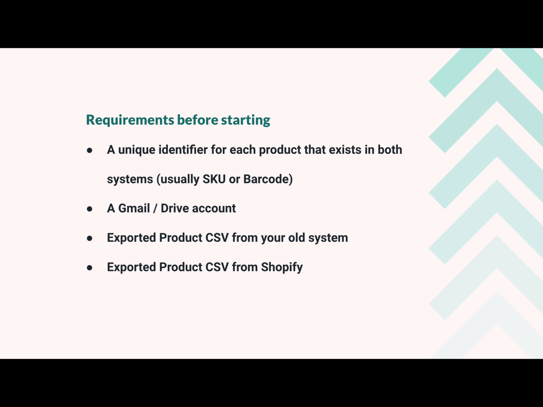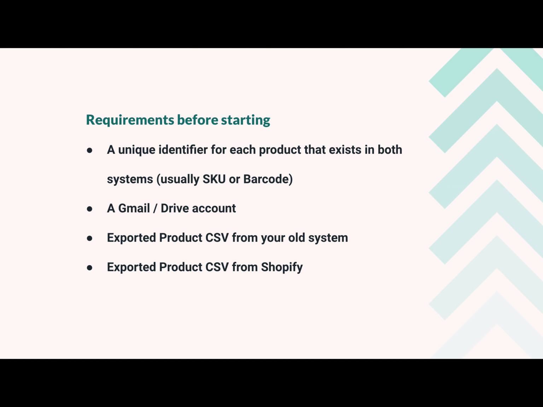For example, if you have your system ID from your old system, but you've imported that as the SKU in Shopify for any items that you already have in Shopify, that's totally fine. We just need to make sure that those codes exist in both systems and they match for each of the products that already exist.